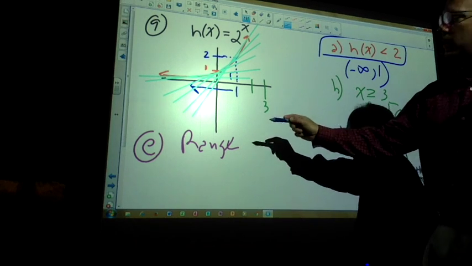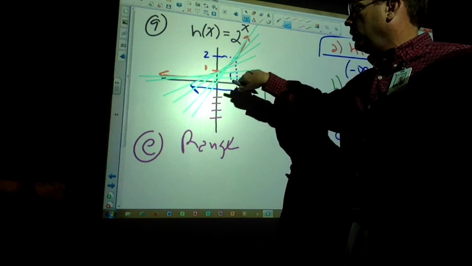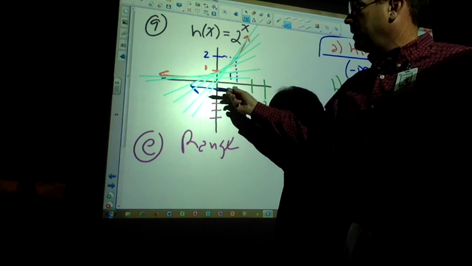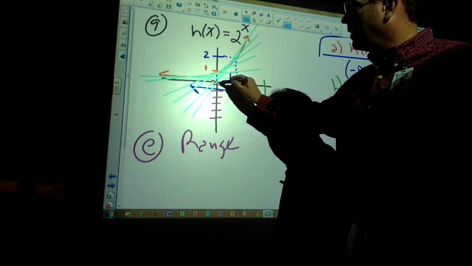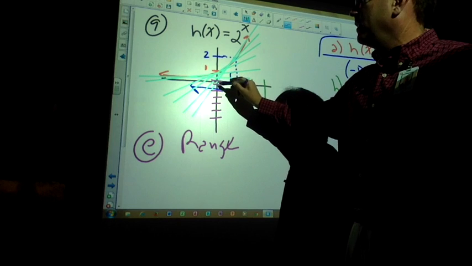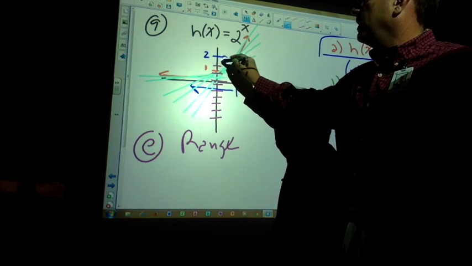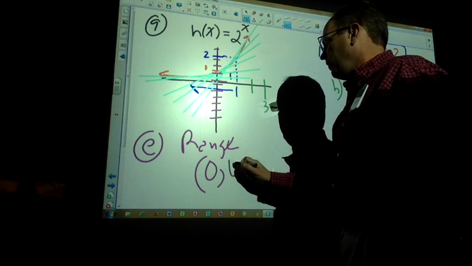I'm climbing my ladder. If I look this way or this way, not up or down, can I see my graph at all? No. Tell me when I can see my graph. Just barely above that line, right? Barely above 0. So now I can see it. So my range is going to go from 0 to infinity.